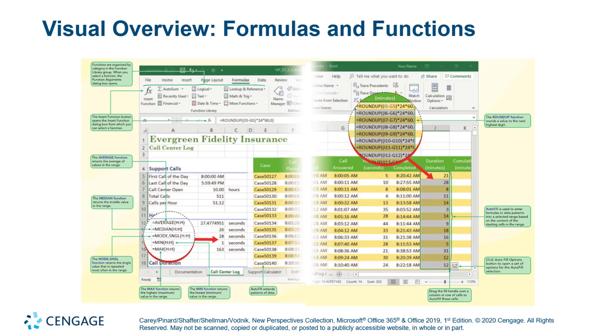If I'm trying to fill 100 or more cells and I'm dragging down, I'm going to have to wait for the screen to scroll. So if you scroll through your spreadsheet and look at the data, in this case we're looking at the durations, if the field next to that is full, when I double click it'll automatically fill, which is way faster than clicking and dragging for 100 cells.